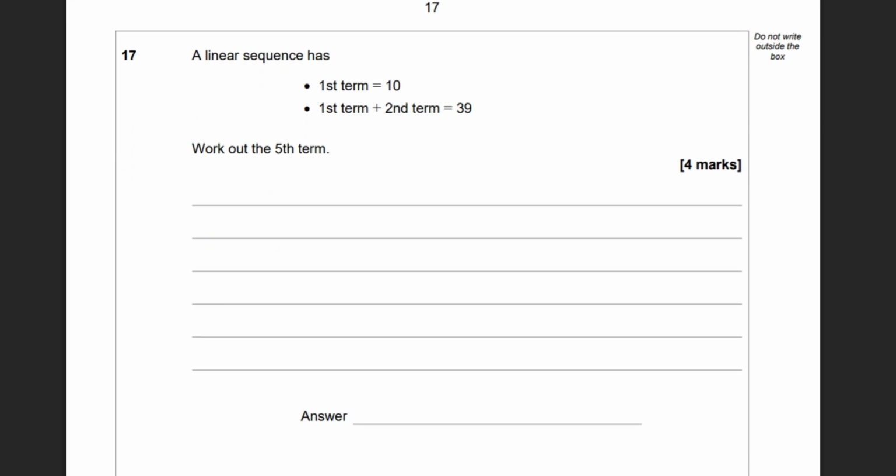We have a linear sequence. The first term is 10, then the first plus second is 39. So 10 plus what will give you 39? That is simply 29. So you have 10, you have 29. If you add 19 to 29, that will give you 48. So they're adding 19, keep adding 19.